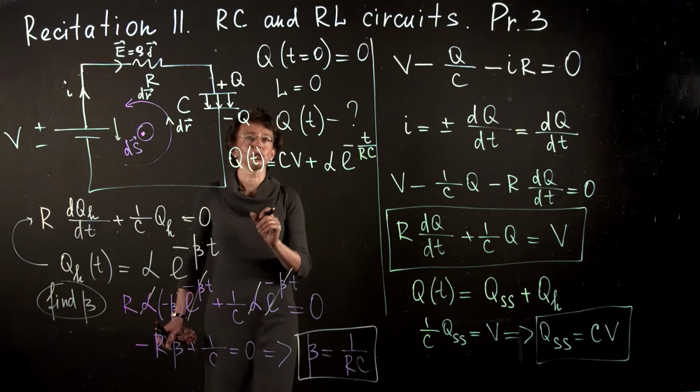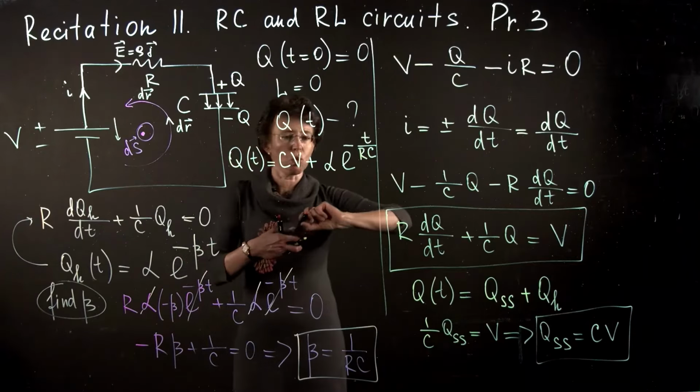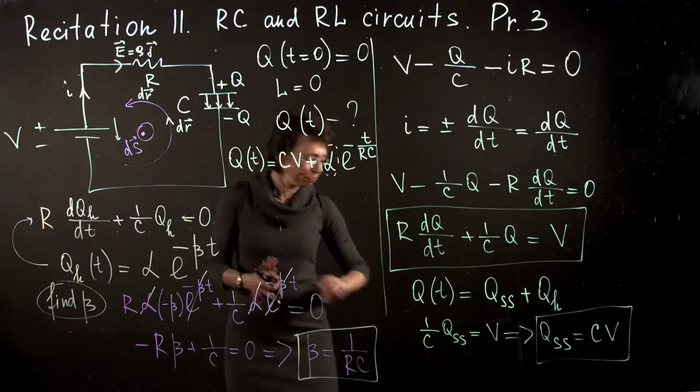Now I'm ready to use my initial condition to find alpha. I have one unknown here, which is alpha.